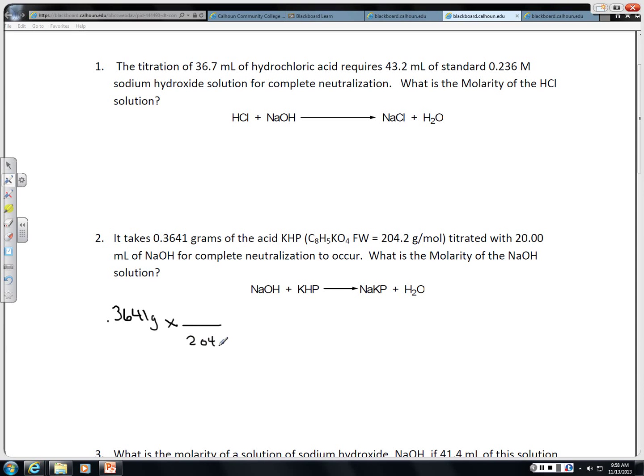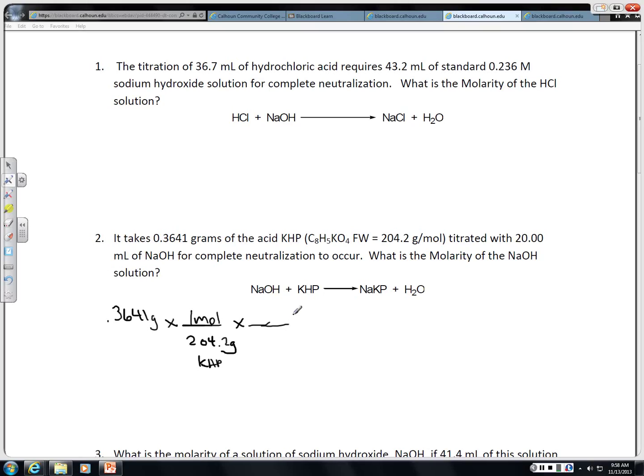So convert from grams to moles. This is all KHP. We have a 1-to-1 ratio again.